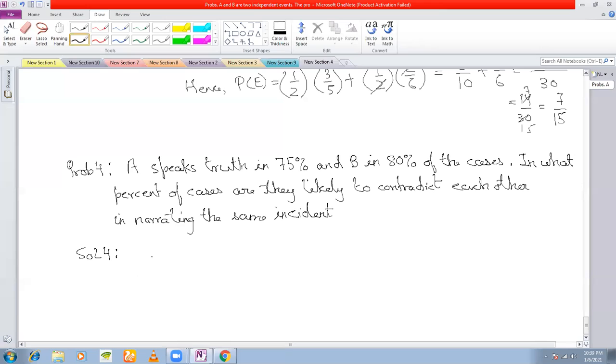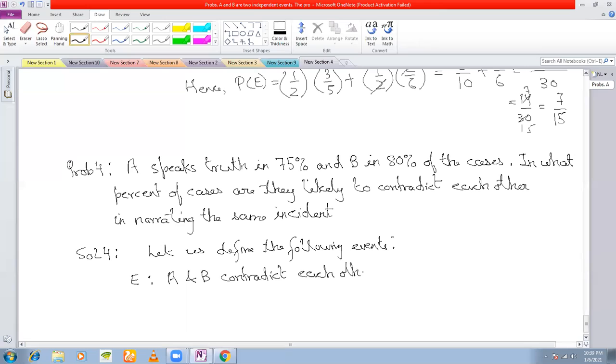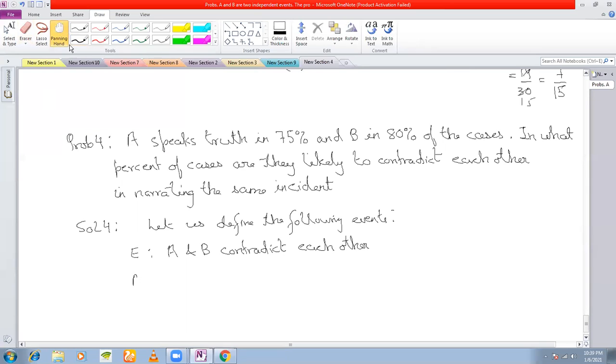That means we define the following events. What are the events? First, E: that A and B contradict each other, right? That is the question. Since A and B are already given, let us define the event X. What is the event X?